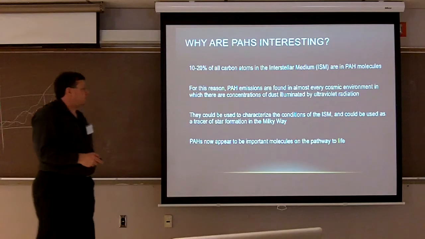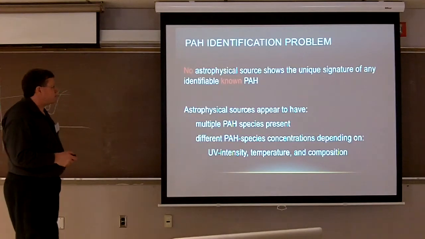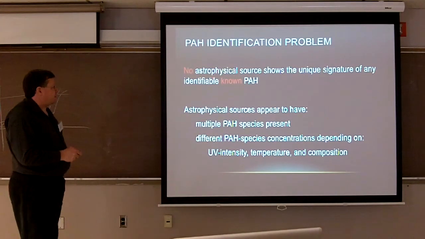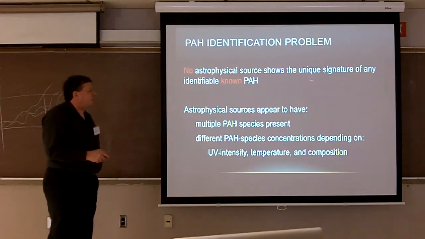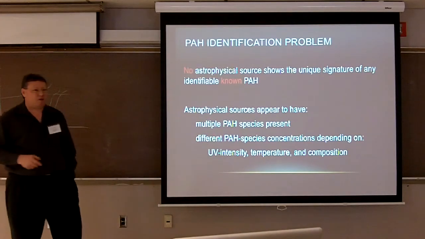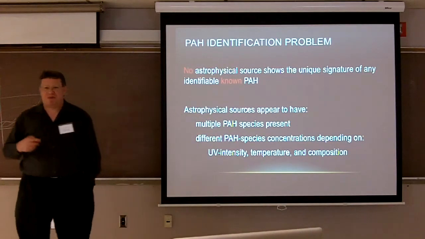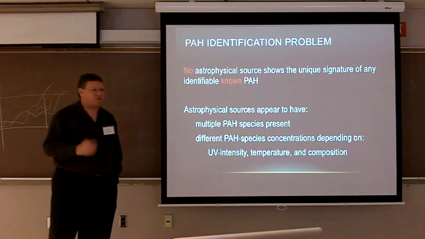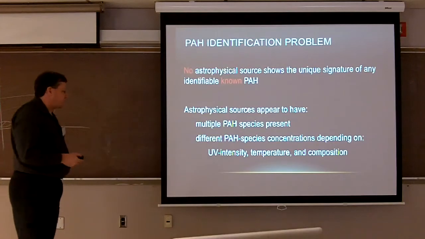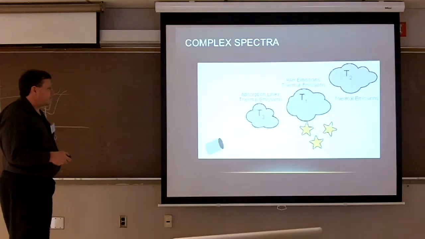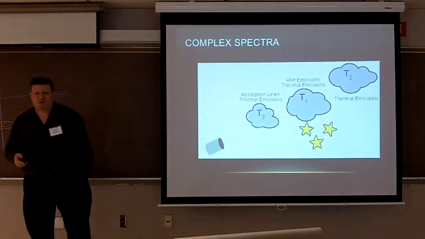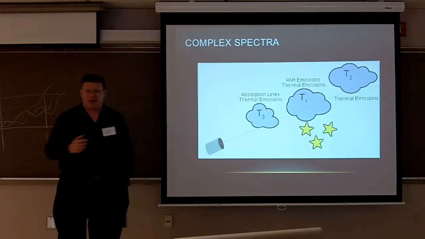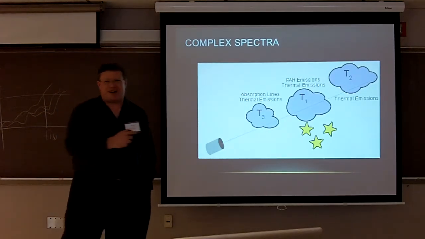So the difficulty is that no astrophysical source shows the unique signature of any identifiable known PAH. These things always come in mixtures of probably thousands of different types of molecules. This is really a horrible problem, and I have to say there have been times when I've questioned my sanity when I took it on.